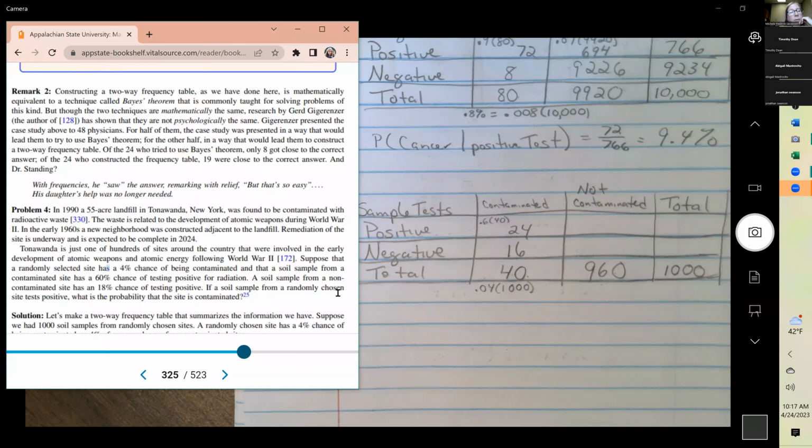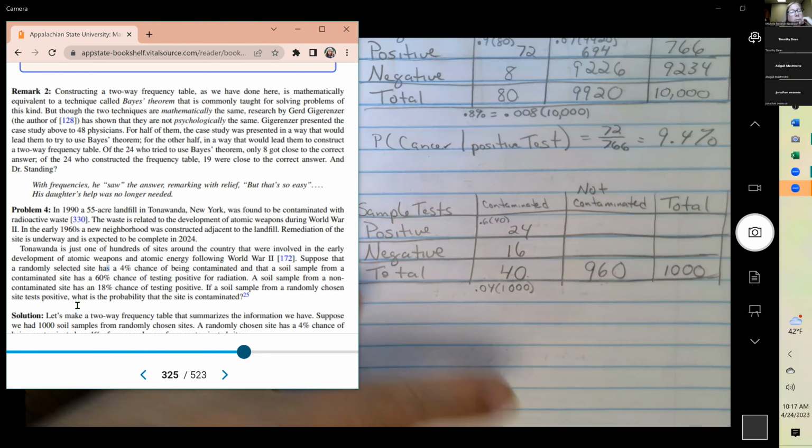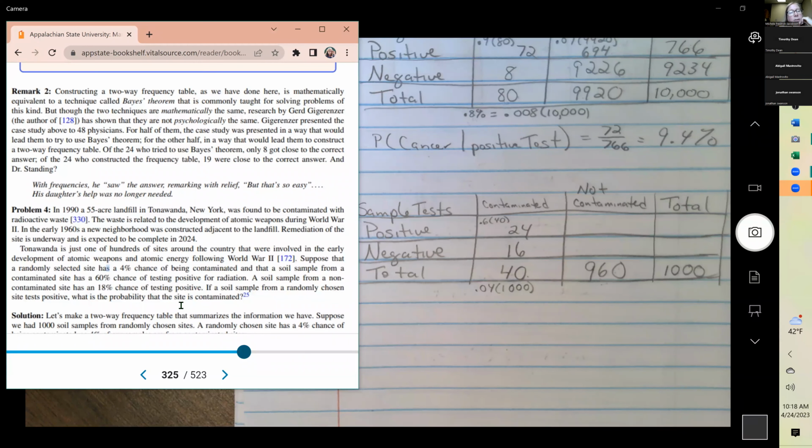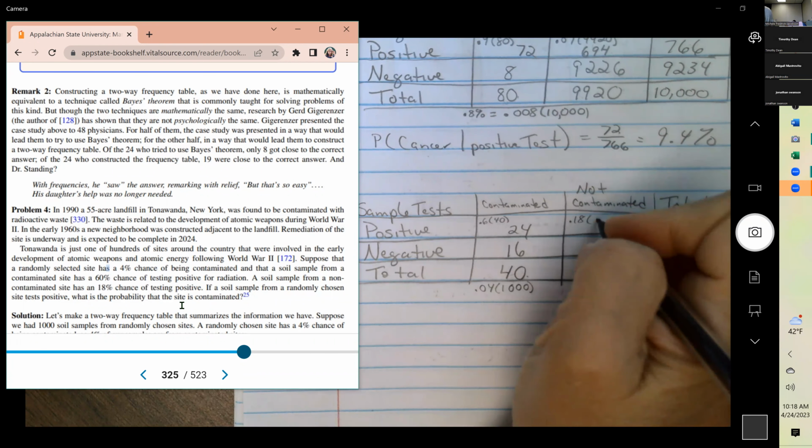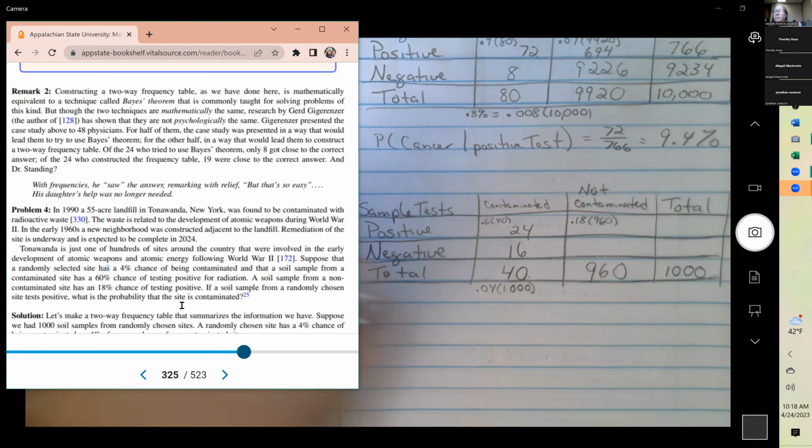A soil sample from a non-contaminated site, so that's the next column, has an 18% chance of testing positive. 18% of the 960. 173.